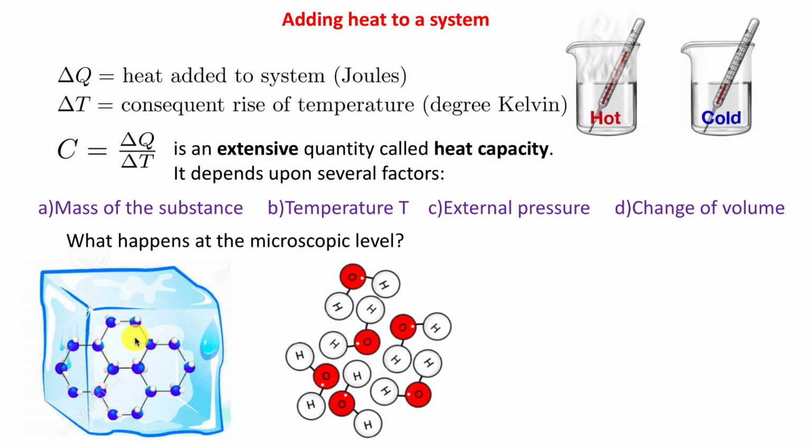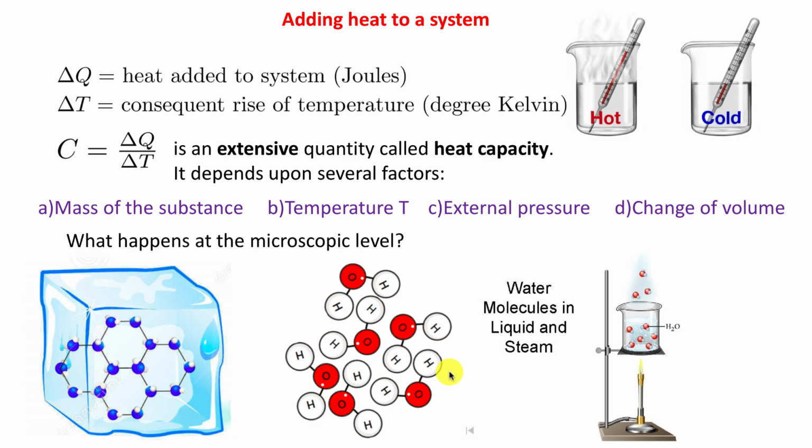So then you can have fewer bonds. Now it's going to take energy to break these bonds. If you give more energy, in other words, if you add more delta Q, then of course the water molecules are then going to be able to escape from each other and turn into steam.